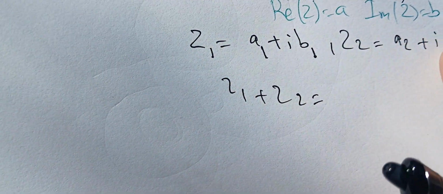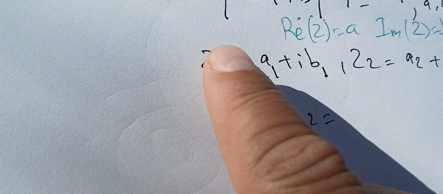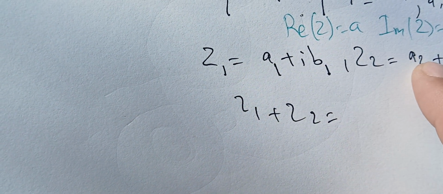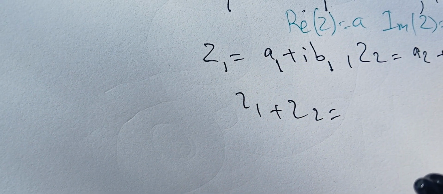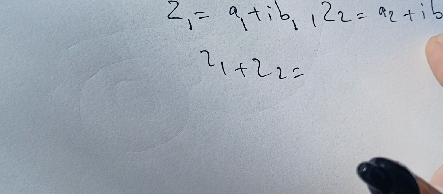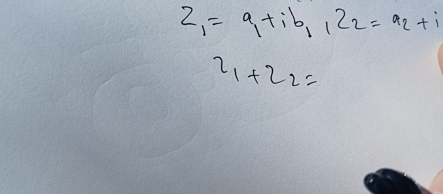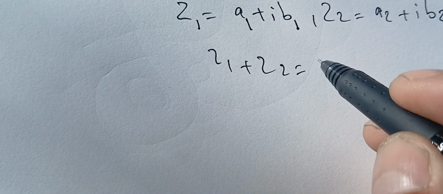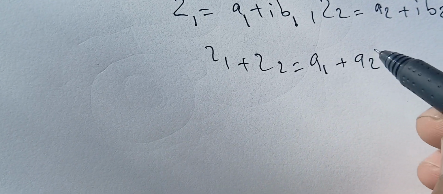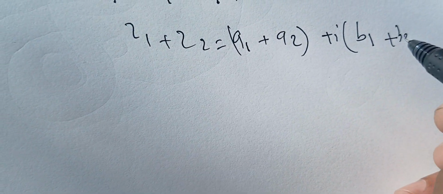We're adding two complex numbers. What we do is we add the real part with the real part and the imaginary part with the imaginary part, and we put them together without forgetting the i that comes before the imaginary part. So here we have a1 plus a2, plus i times b1 plus b2. So this is the addition.